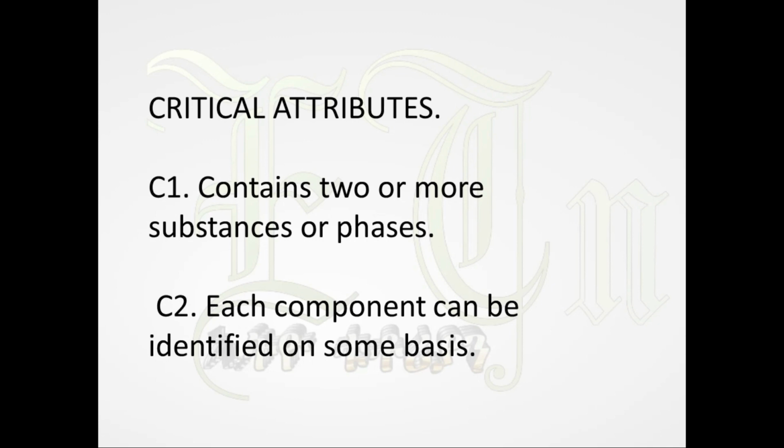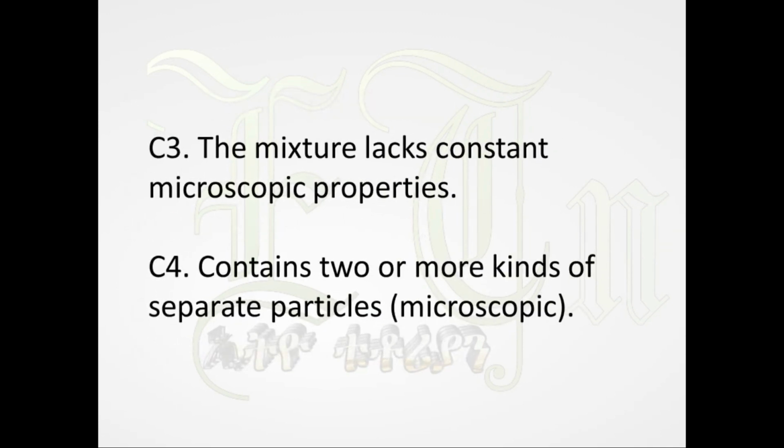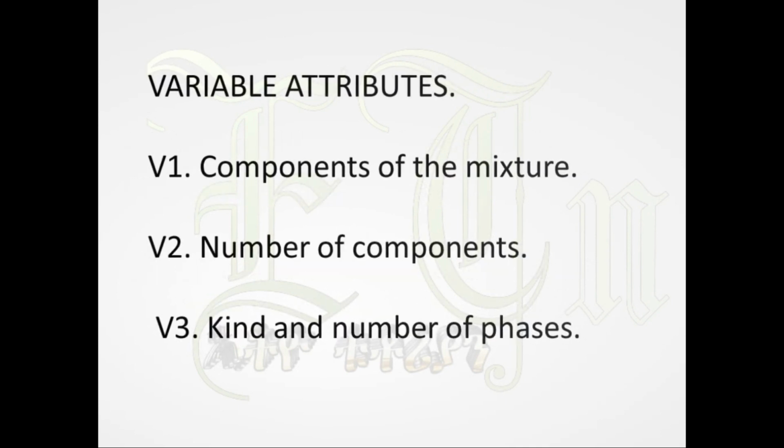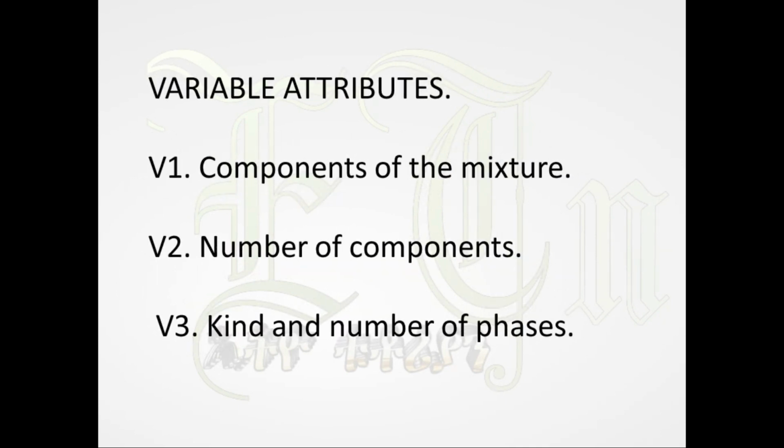C2. Each component can be identified on some basis. C3. The mixture lacks constant macroscopic properties. C4. Contains two or more kinds of separate particles, microscopic. Variable attributes. V1. Components of the mixture. V2.